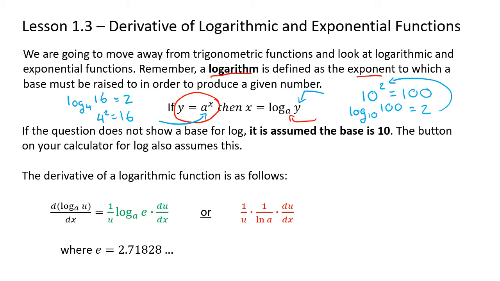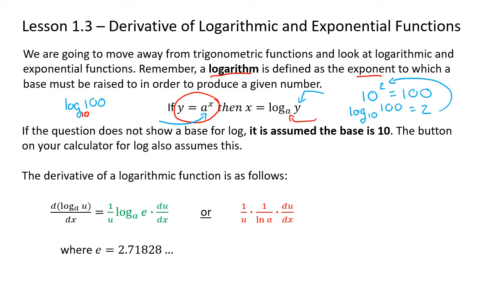So that log button, you'll often just see it written as log, let's say log of 100, with no base provided. And if that is the case, you have to assume that the base is 10. In every instance, that means the base will be 10. So knowing that, that's just basics of how logarithms work.